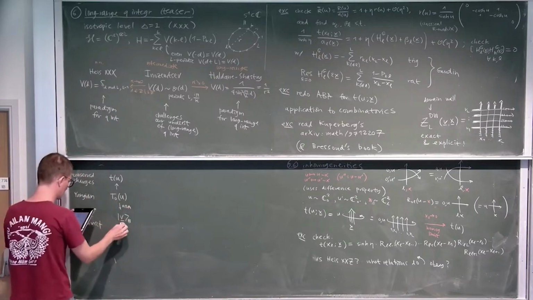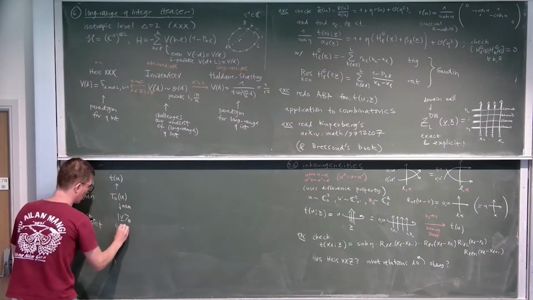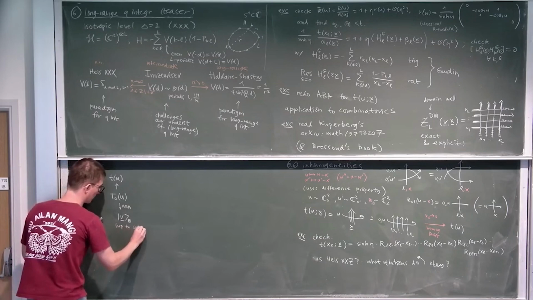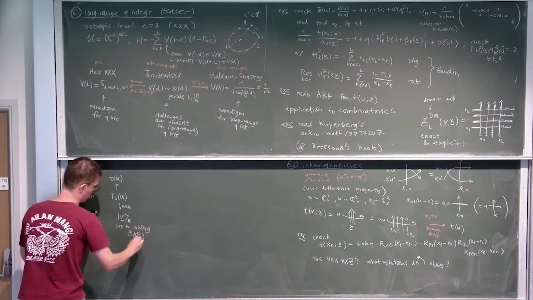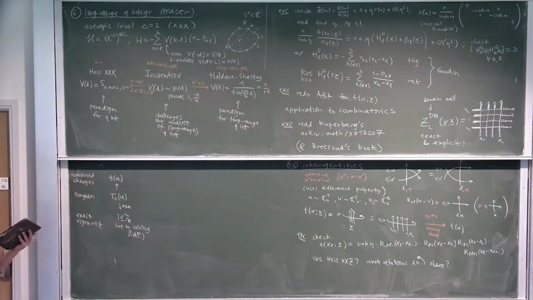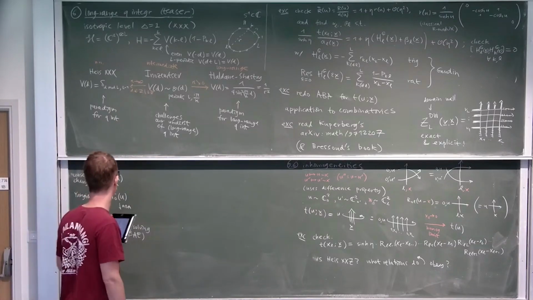These are exact eigenvectors, up to solving the Bethe ansatz equations. So they're exactly parameterized by these parameters, which have to obey some equations, and often we have to just solve numerically. So they're exact, but they're not explicit.